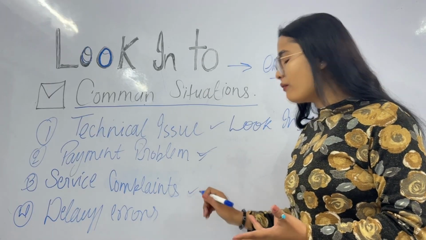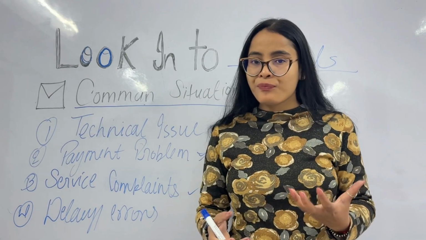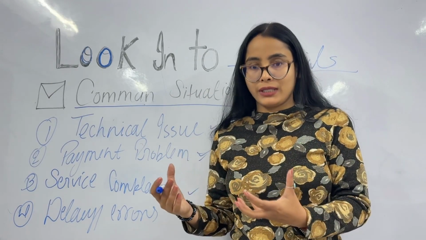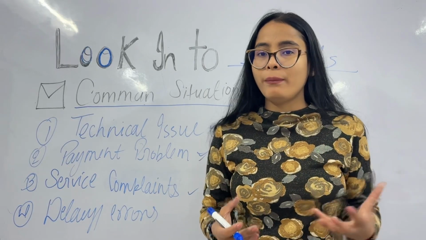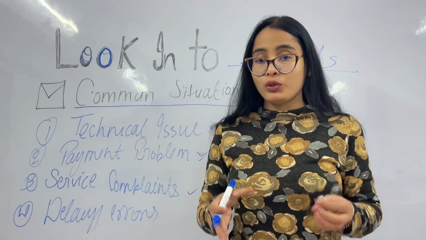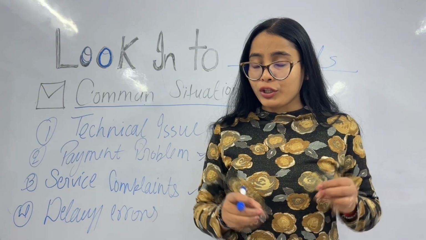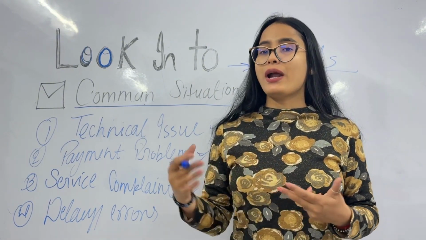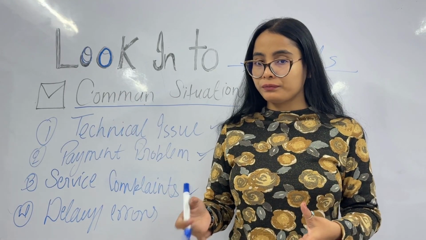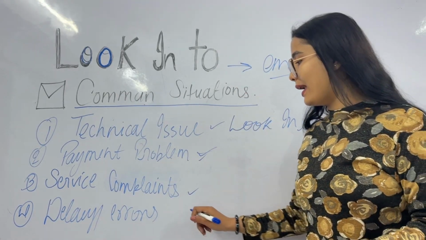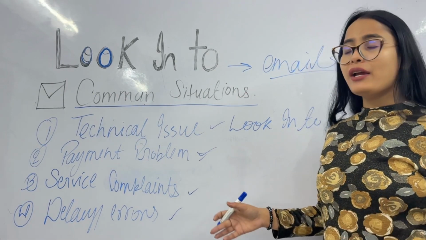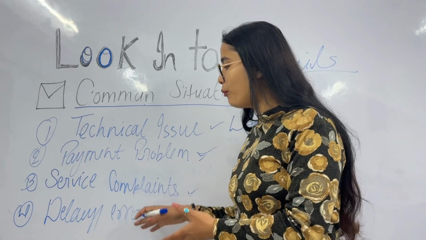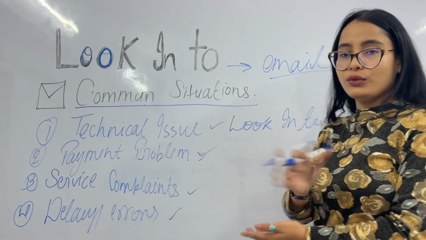Service complaints, if you have received any complaints that you have sold something and something is not working properly, at that time you would look into the matter. You would look at what's going on, what the complaint is about, or you write to somebody who can look into the matter. Next is delays and errors. Any kind of delays and errors you can report by using "look into".